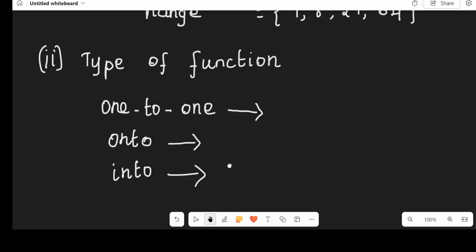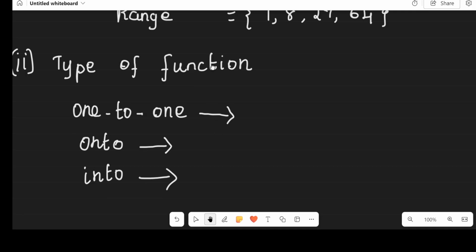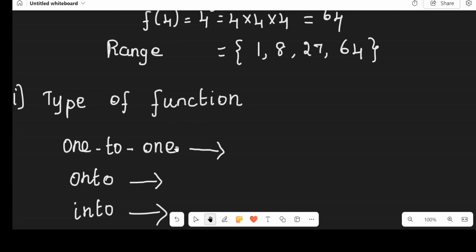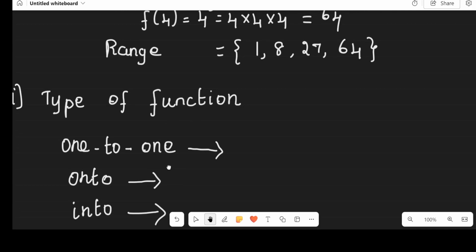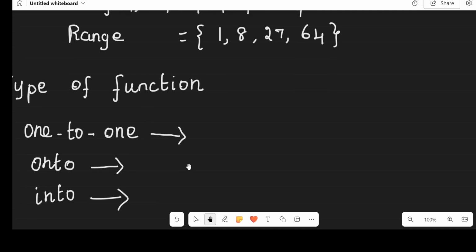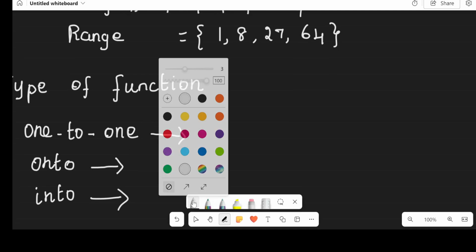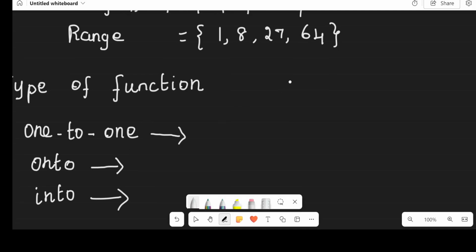So we can check whether this function is one-to-one or onto or into function. For that, by drawing the arrow diagram, we'll be able to find that. Now we can draw the arrow diagram. We have the A set and B set, right?